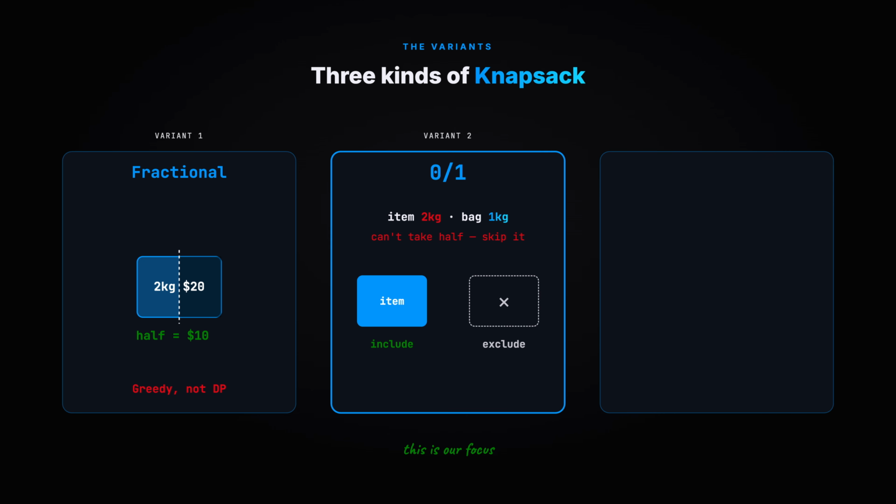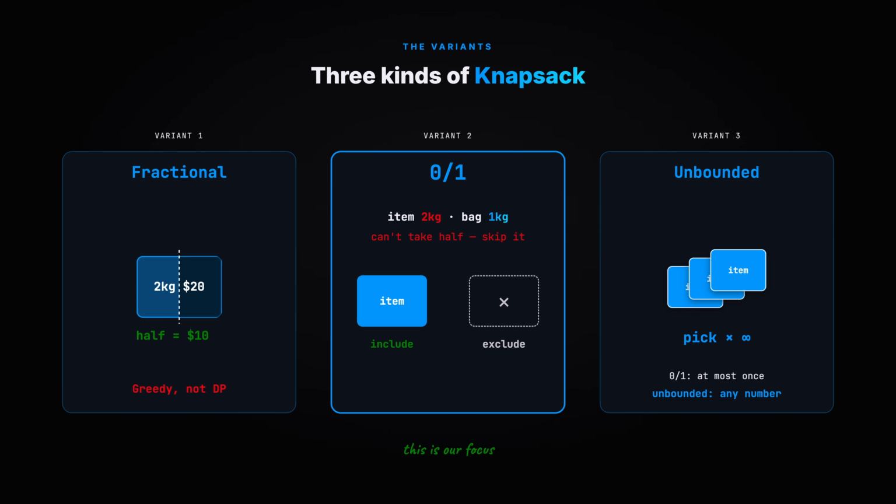That is why it is called 0-1. Each item is either included or excluded. Third, the unbounded knapsack. Here you are allowed to pick the same item multiple times, as if you had an unlimited supply. In 0-1, every item is chosen at most once. In unbounded, any number of times.